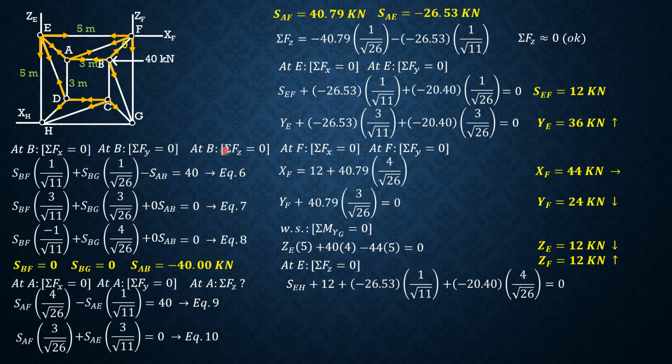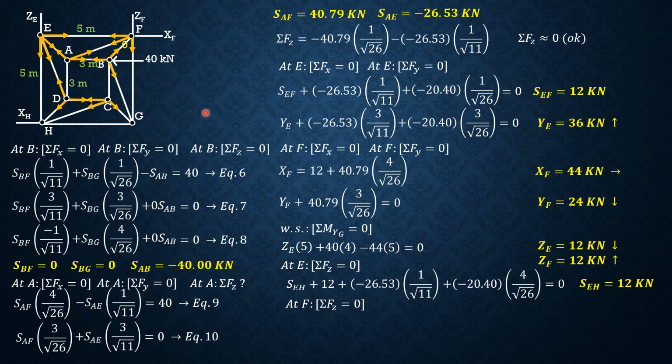SDE is negative 20.4 times 4 over square root of 26 equals 0. So DE is negative 20.4 from the preceding slide. So solving for SEH, SEH is equal to 12 kilonewtons tension. So everything is found at E.